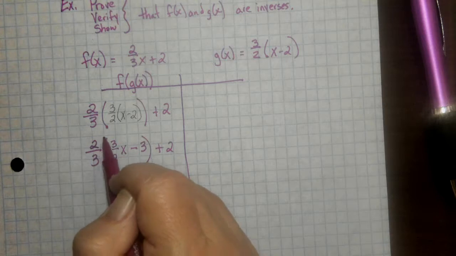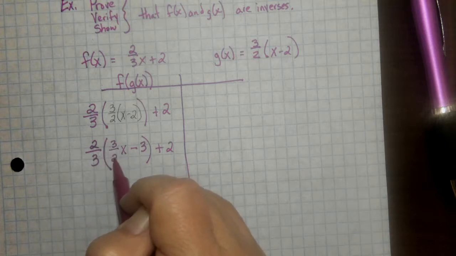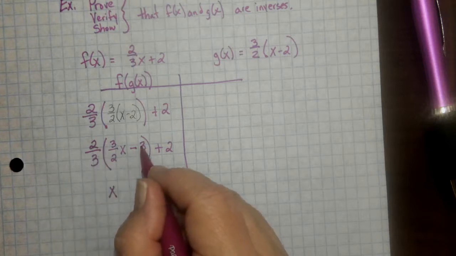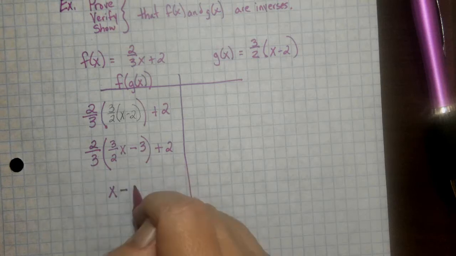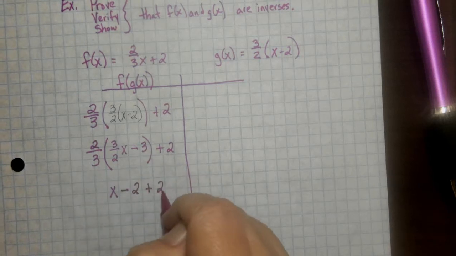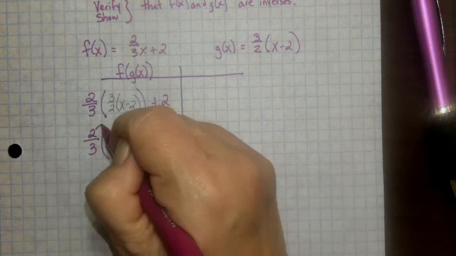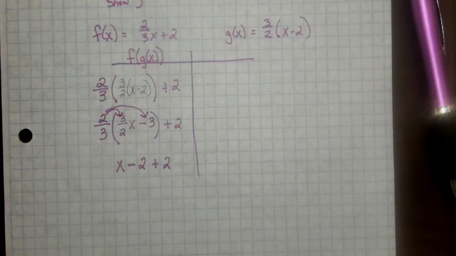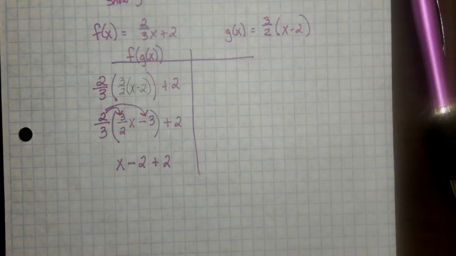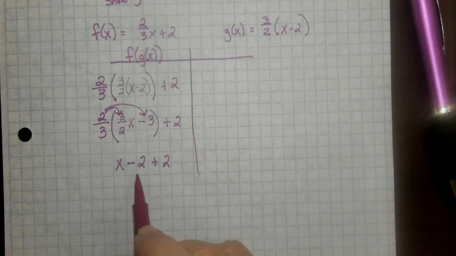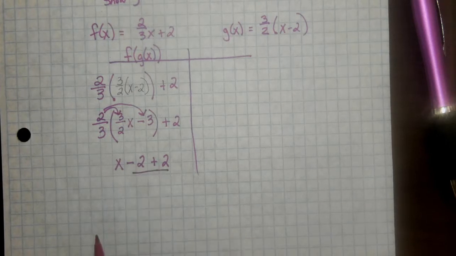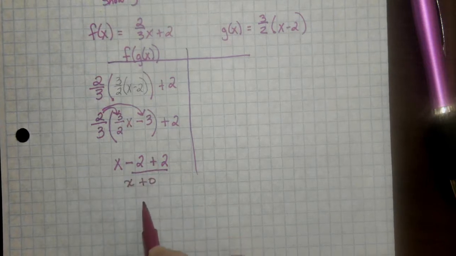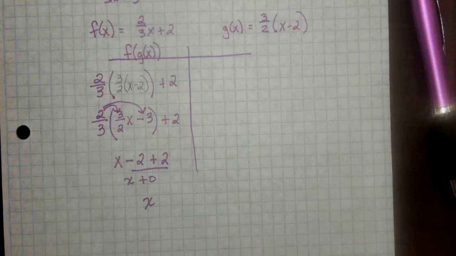Now I'm going to distribute the 2/3. 2/3 times 3/2, that's 1, so that's just x. 2/3 times -3 is negative 2, the 3's divide out, plus 2. Now I'm going to combine. Negative 2 plus 2 is 0. So I have x plus 0, which is x.